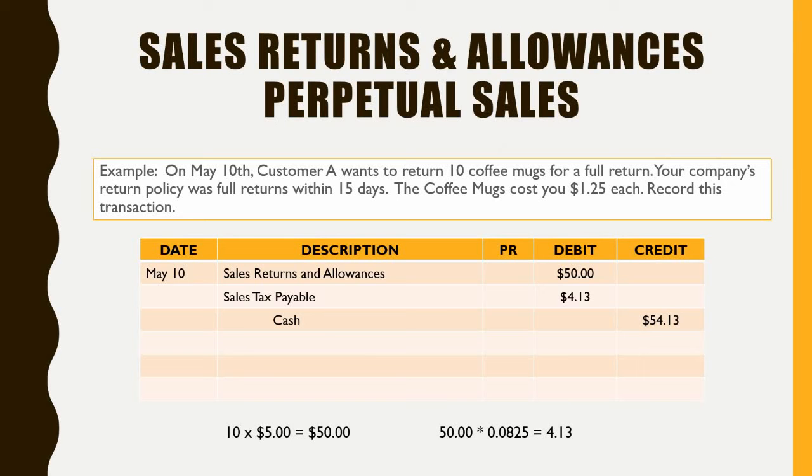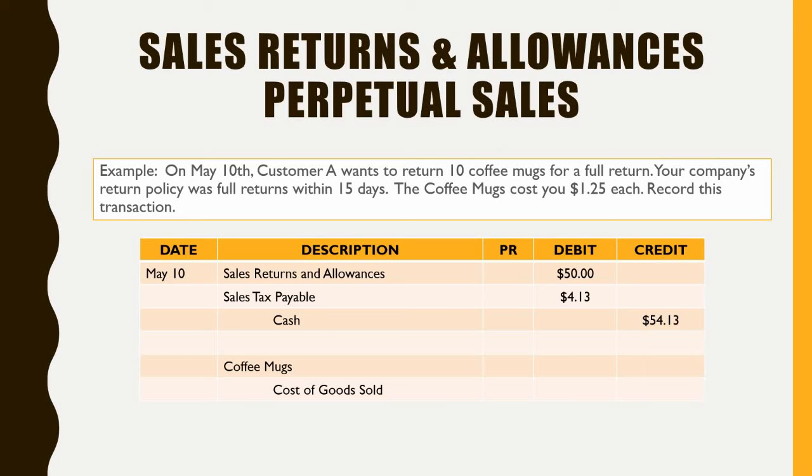Now, this is where you also have to think about this. If a customer decides to purchase items from you and then decides to return the product back to you, what does that mean to you? That means you're getting back the inventory that you originally sold to this customer. So you also need to recognize that you're gaining back the inventory that you sold.